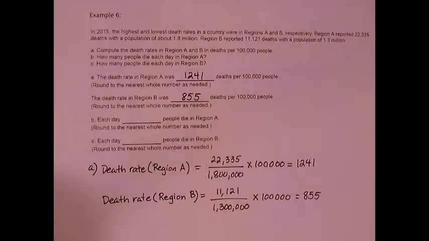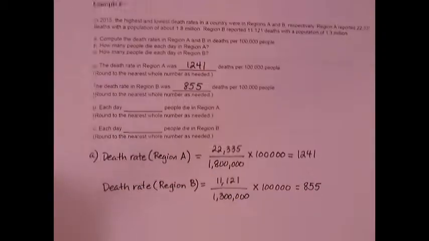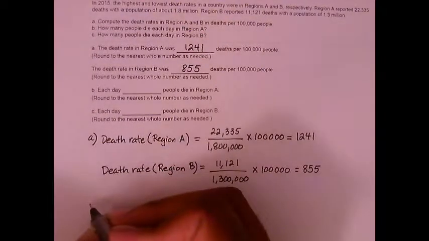Okay, so all of that was part A. Part B is finding how many people died each day in region A. Okay, now if this was reported on an annual basis, these are the number of deaths in 1 year. Now keep in mind, there are 365 days in a year.